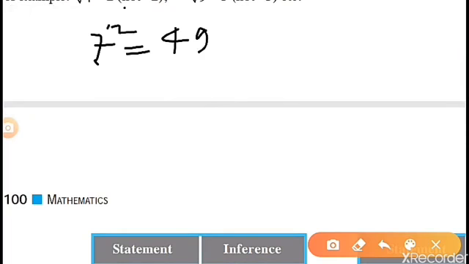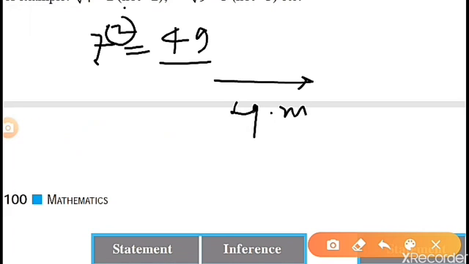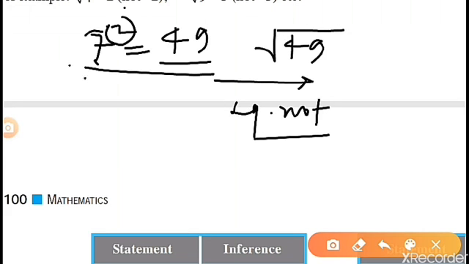So squaring gives us 49, and if you want to calculate its square root, we put the root sign on 49. Since 7 square is equal to 49, 7 will be its square root, so it gives 7.